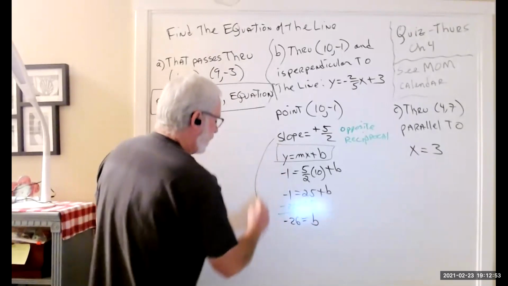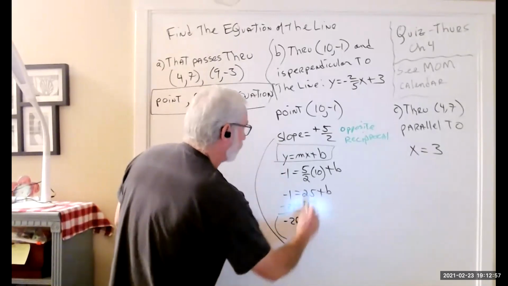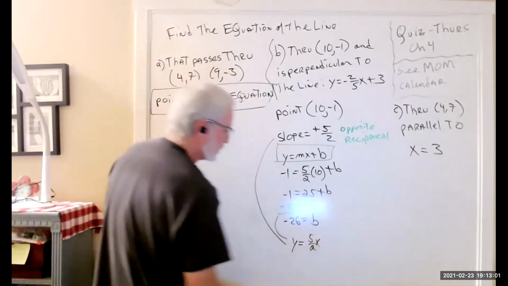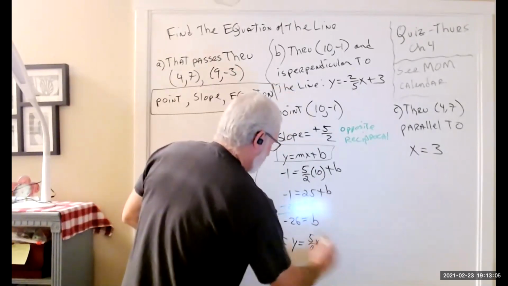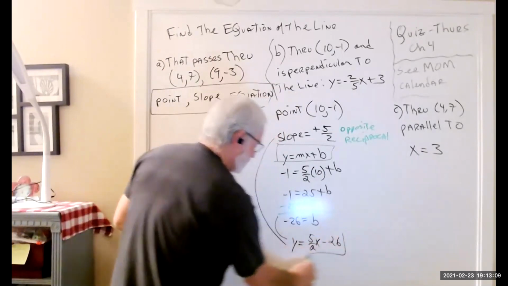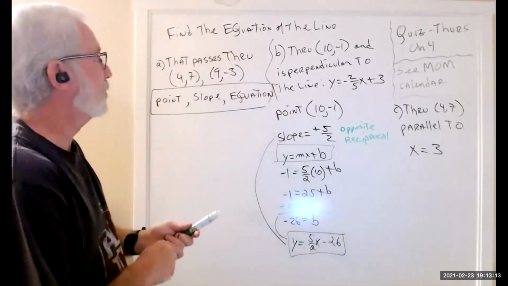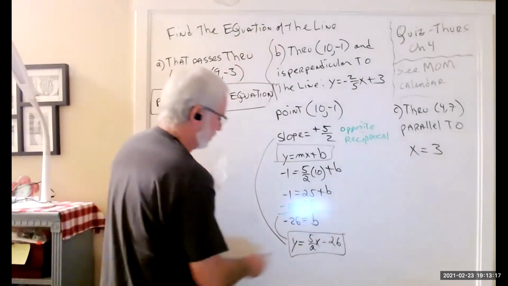So put everybody back together, and we have y equals 5/2x, the perpendicular slope, minus 26, the new y-intercept. And that would be the equation. That's the answer to satisfy problem B up here.